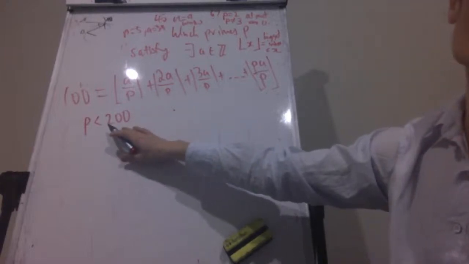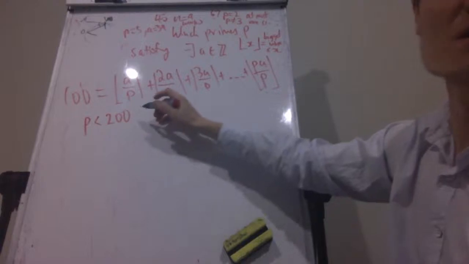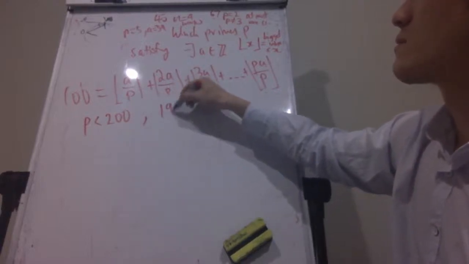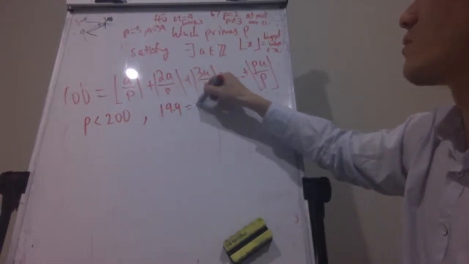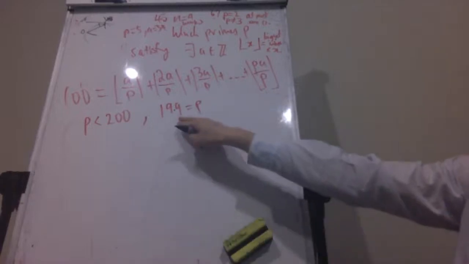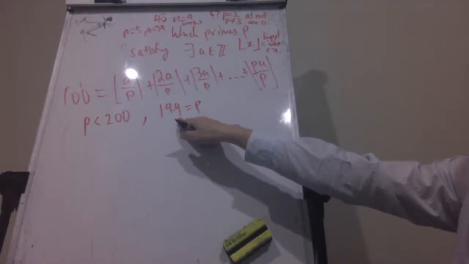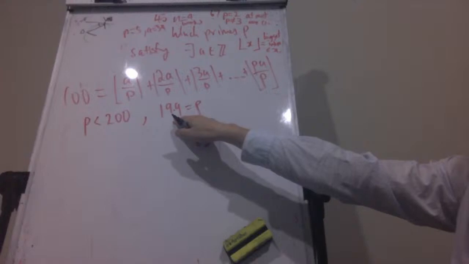So what's the biggest prime less than 200? 199. Is it obvious 199 is prime? How do you check if 199 is prime? Square root. So we don't have to check past like 14.